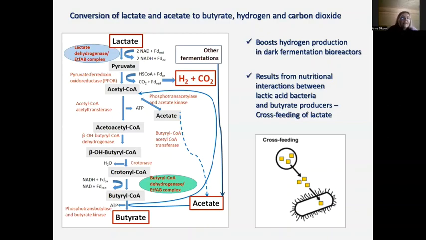On the other hand, lactic acid bacteria are regarded as factors inhibiting hydrogen production due to competition for substrate. Therefore, our research focuses on the relationships between lactic acid bacteria and hydrogen-producing bacteria. Next slide, please.